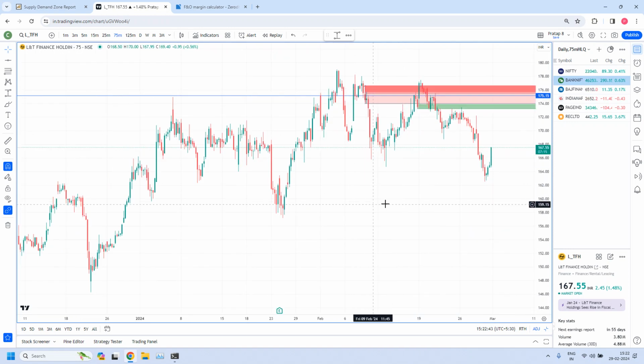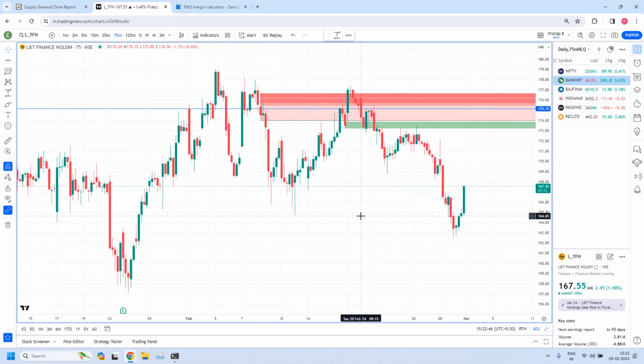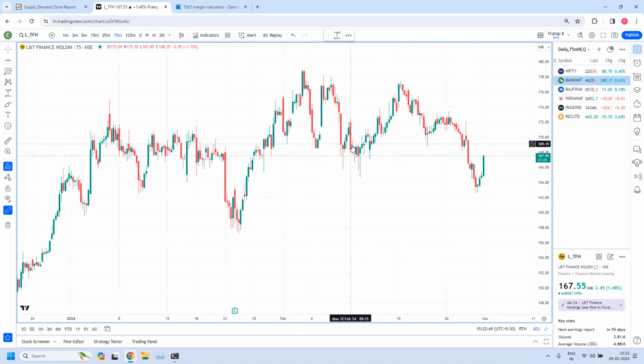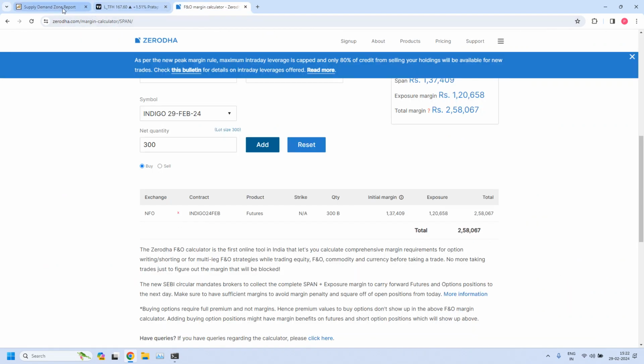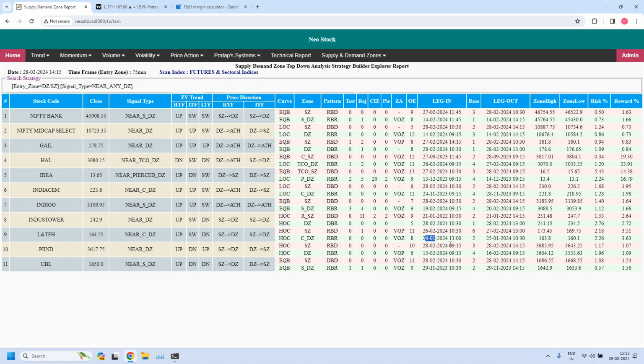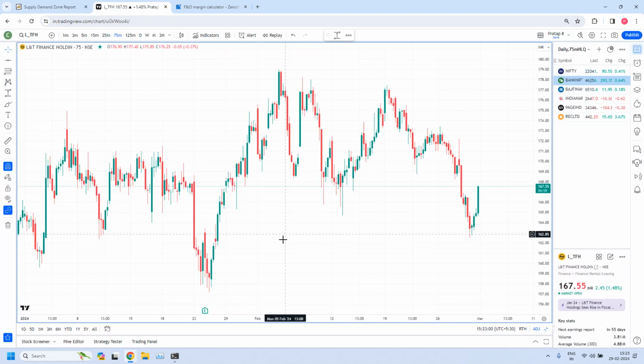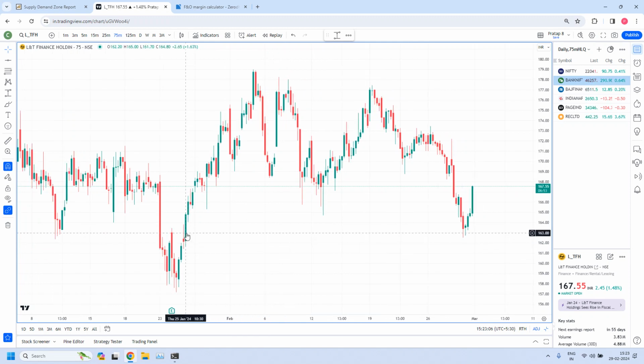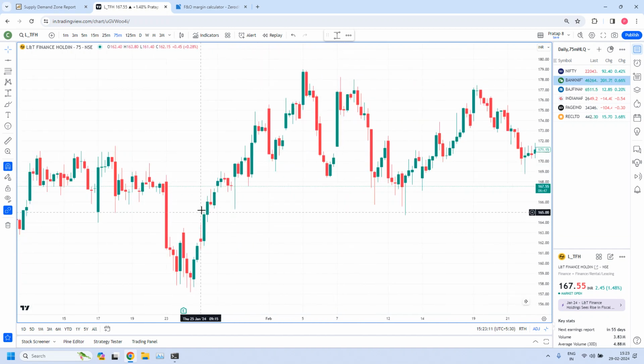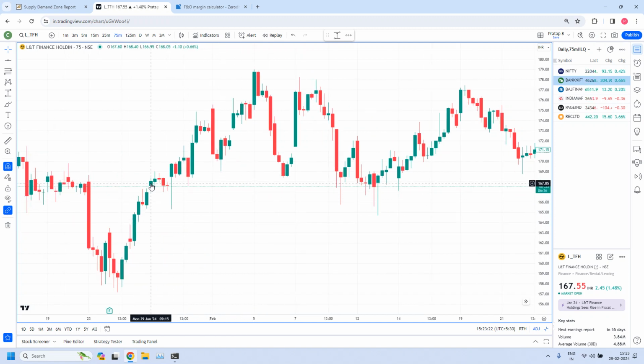So this is the zone, and let me remove the supply zones and trades, high liquidity. Okay, what is the zone here? Let me check once again. 24/1, 1 o'clock. Very good. This is 24 January, 11:45. Then where is 24 January, 1 o'clock?